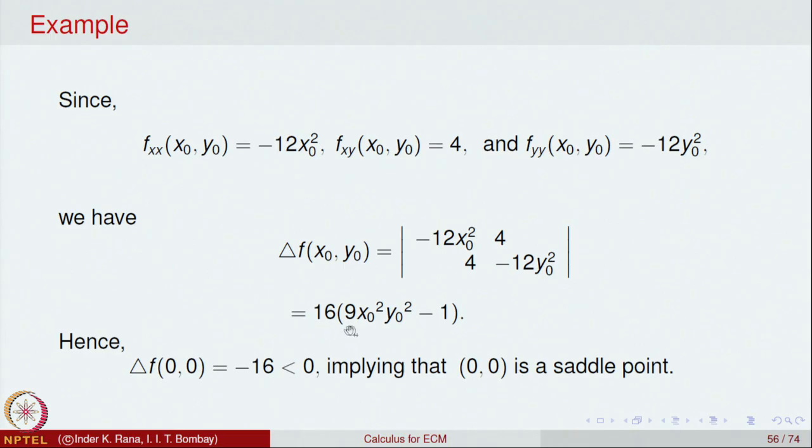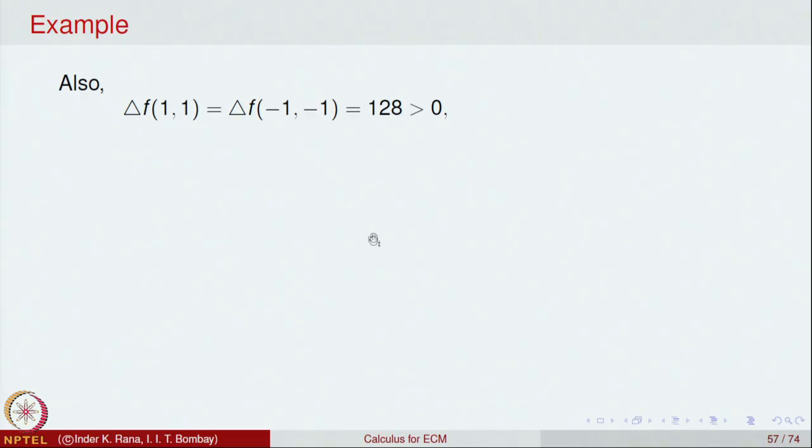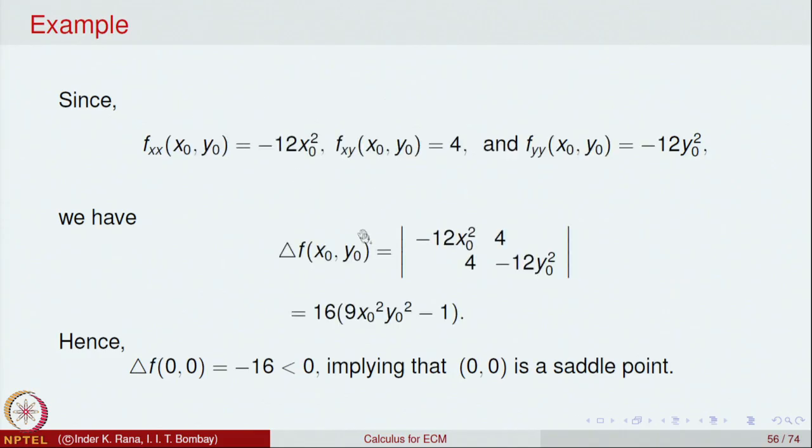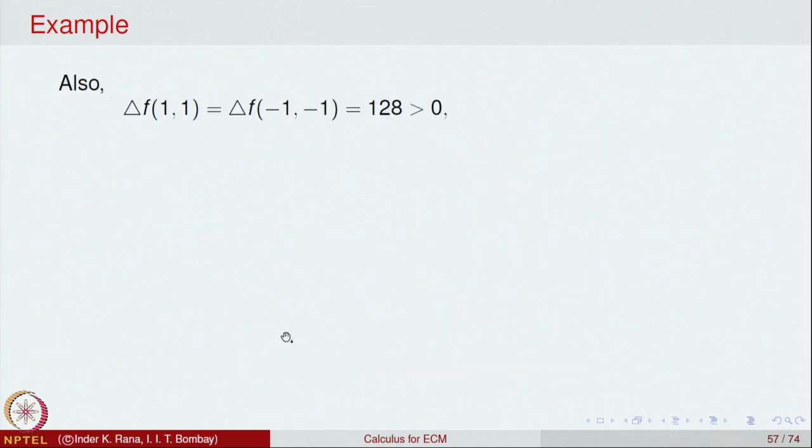Now let us look at the discriminant for the point (1, 1). It is going to be positive, 128. The same value holds at the point (−1, −1), because it is x0² y0², so it does not matter whether it is positive or negative. At both points the discriminant is 128, which is bigger than 0.